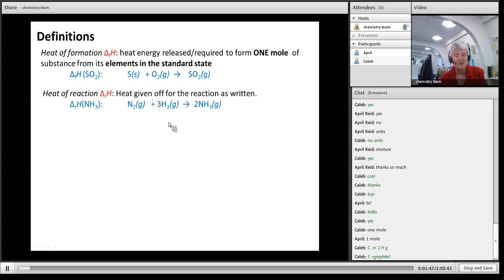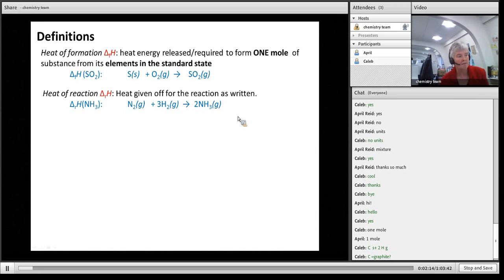Okay, the next one is the heat of reaction, and this is the one that applies to any sort of thing. It's just simply the reaction as given. So it can be 2 here, it can be 4 here, it doesn't matter. The heat that's released or taken up has always got to apply to the reaction as given.